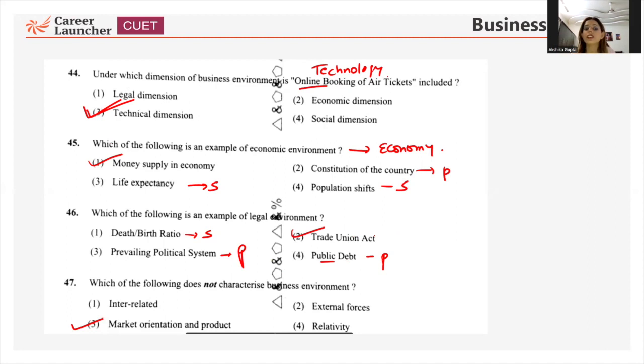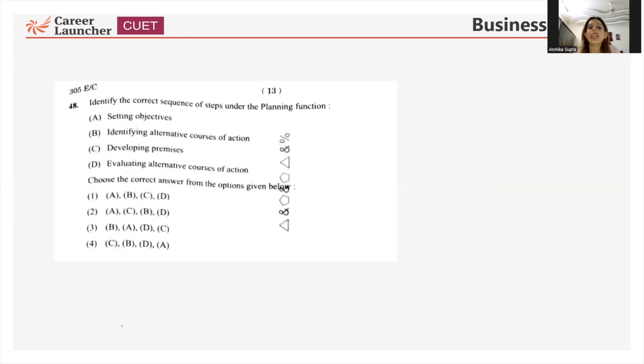Which of the following does not characterize business environment? We have interrelatedness, that is one factor leading to another. We have totality of external forces, and relativity, that is the difference between two states, two countries, two regions, then market orientation and product. Then identify the correct sequence of the planning function. The first is setting of the objectives.